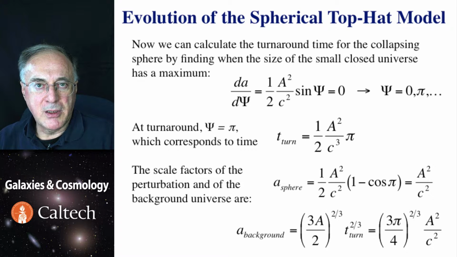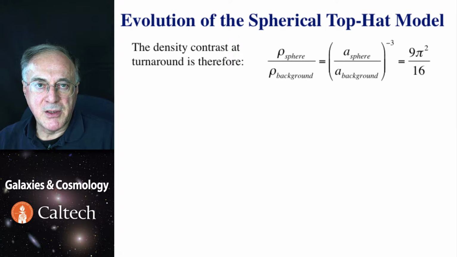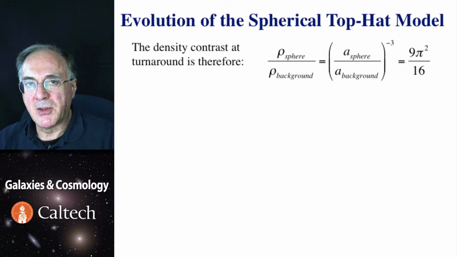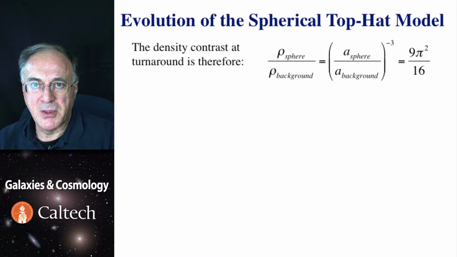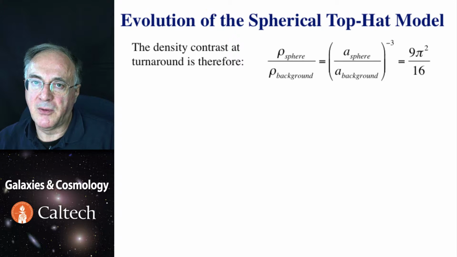Now, if we look at the background universe, which continues expanding, its density keeps going down. And the ratio of the densities of the sphere at the turnaround time and the surrounding universe is given as the cube of the expansion factors that correspond to them, which is a simple numerical factor of 9 pi squared divided by 16 for the very idealized case that we're talking about.